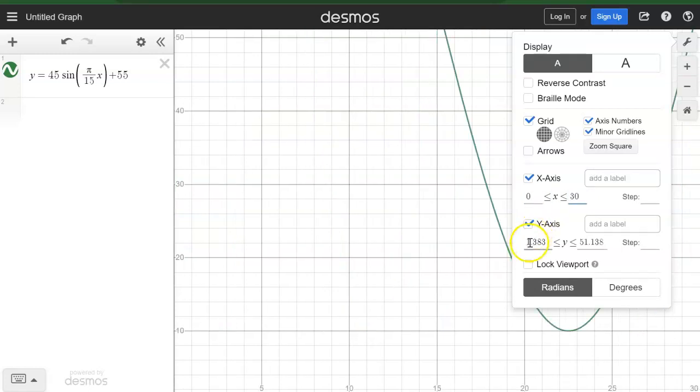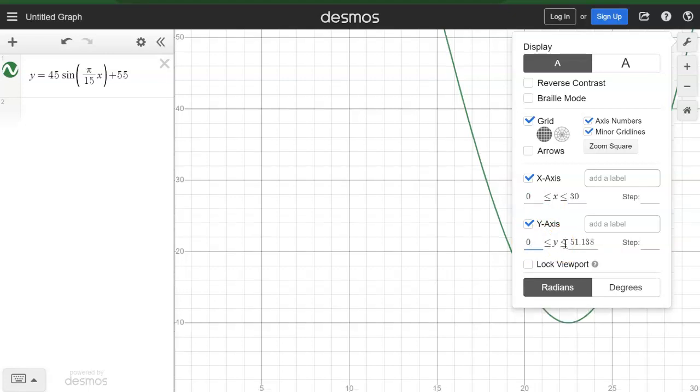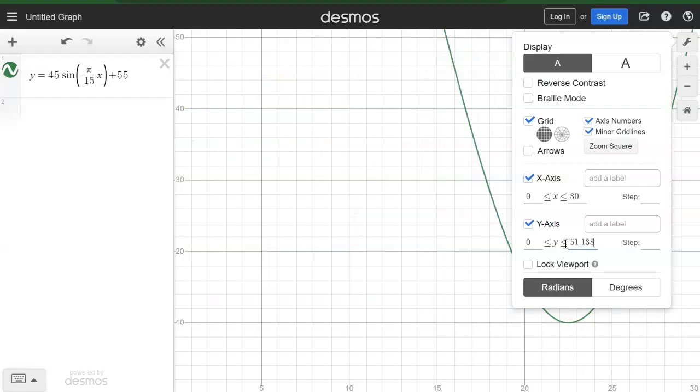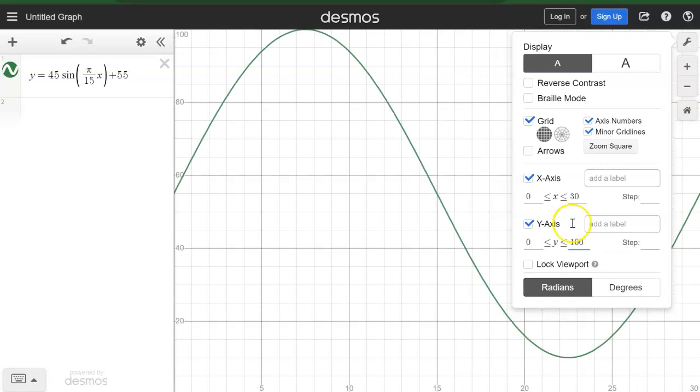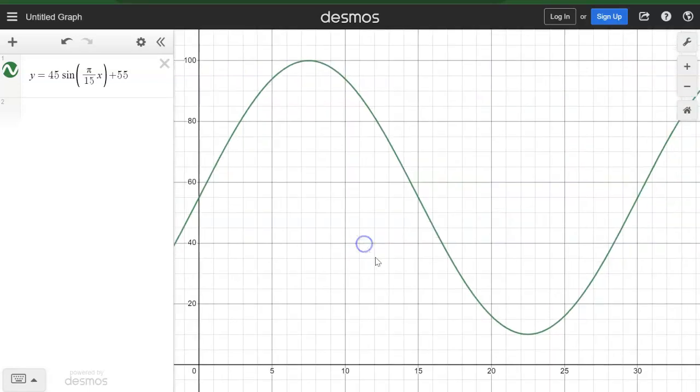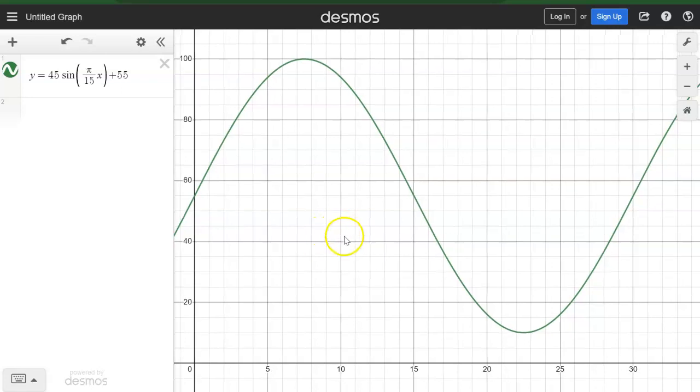That's going to show me one period there, and I'm going to make my y-axis, which is the range, go from 0 to about 100. Okay, if you're finding all this stuff relatively simple, just skip forward to the other stuff.